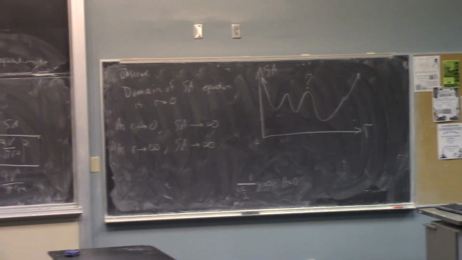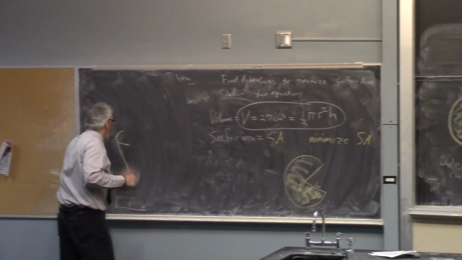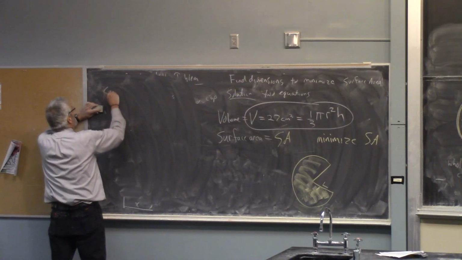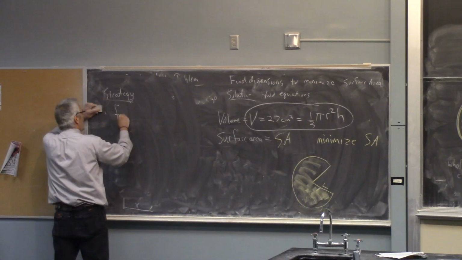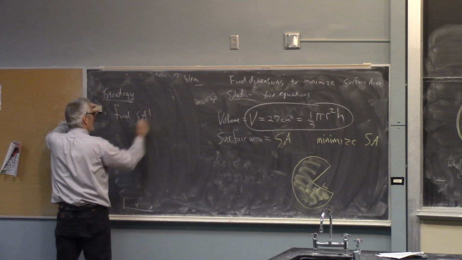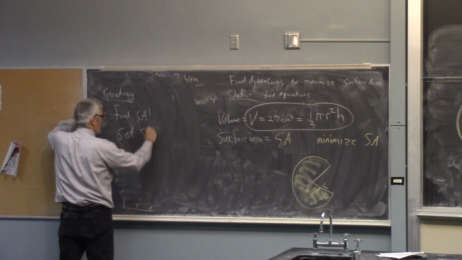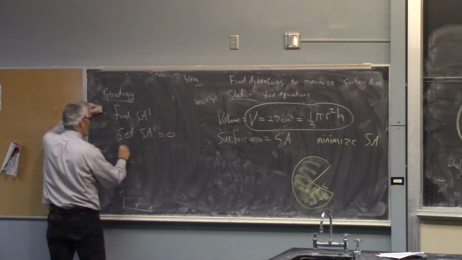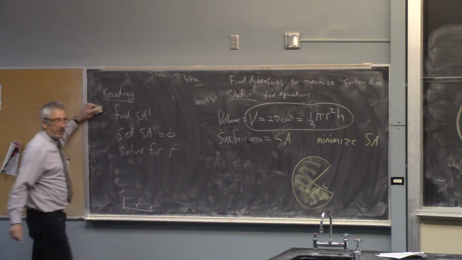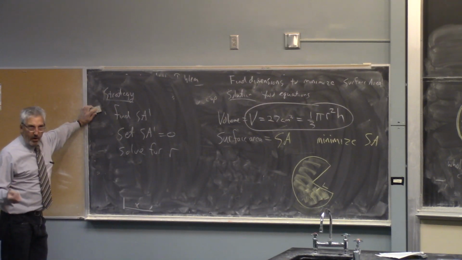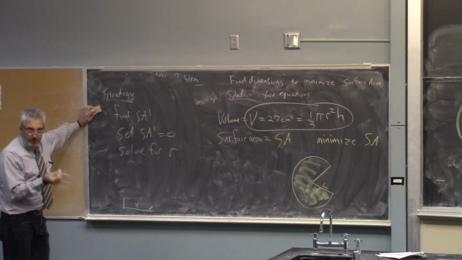It turns out that finding SA prime and setting SA prime equal to 0 is not that hard. It turns out there's exactly one value of r that works, and that's got to be the min.